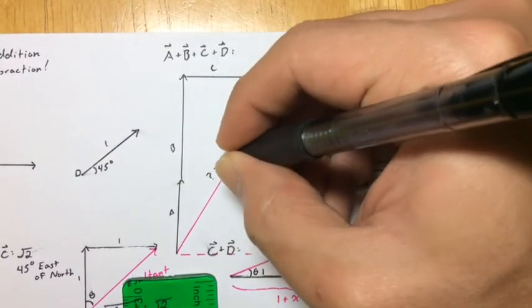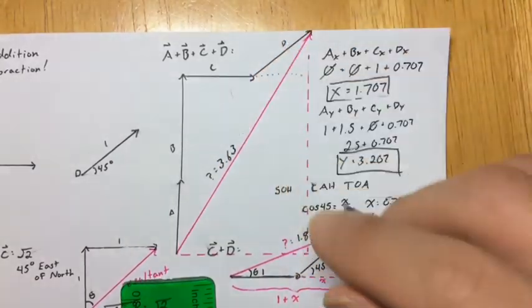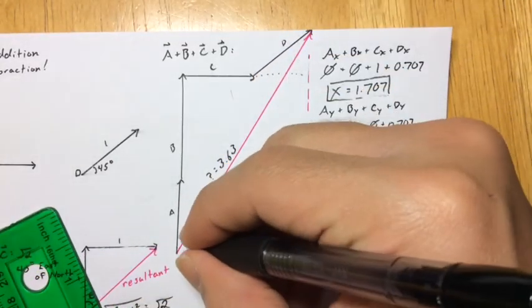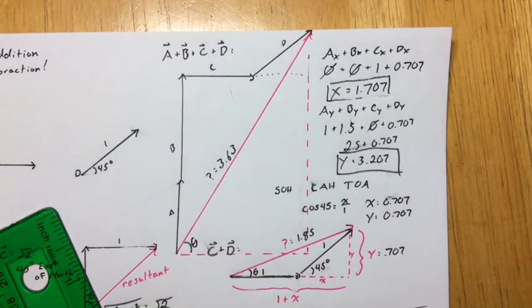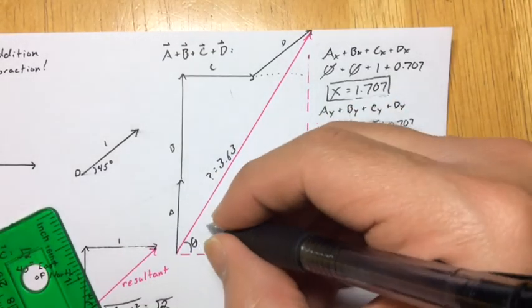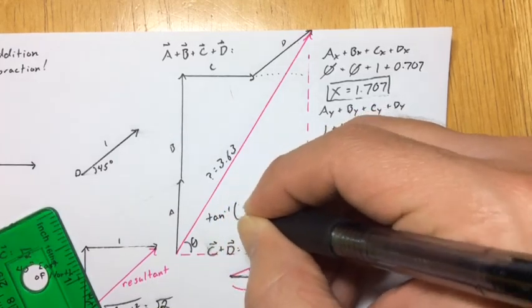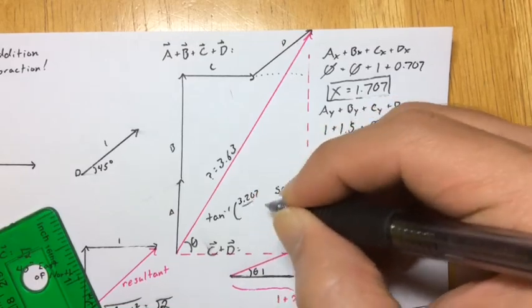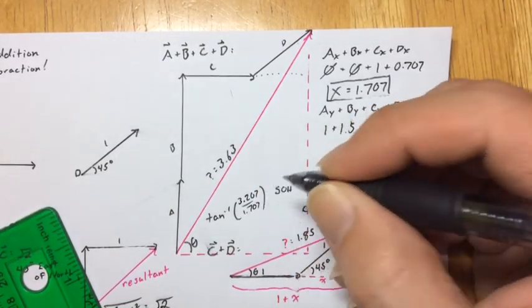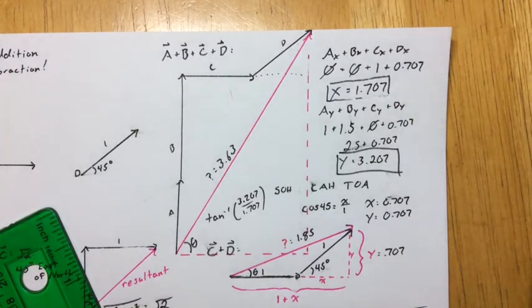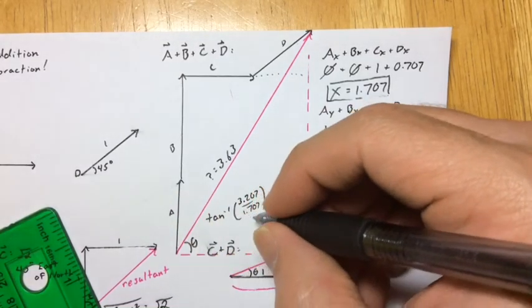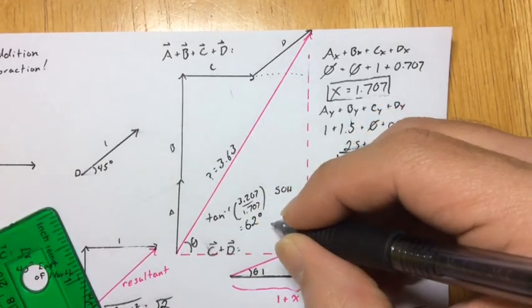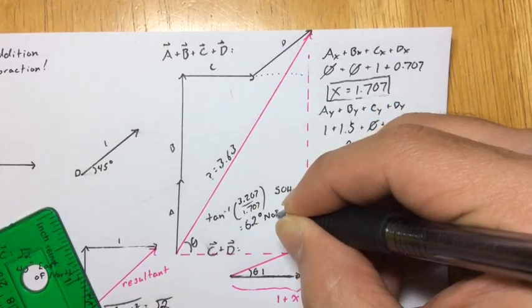So this side is 3.63 units long, and then to give a direction, we need to work with the inverse tangent of the side opposite, that's the y side, 3.207, divided by the adjacent, 1.707. 3.207 over 1.707 gives me 62 degrees, and that's going to be north of east.